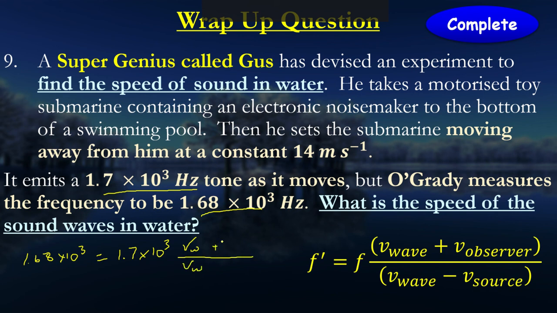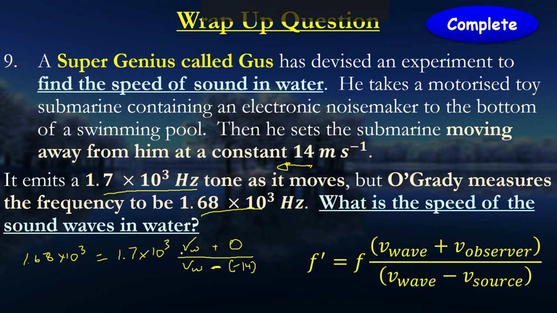We know that the observer, Gus, is not moving, since he sets the submarine moving away from him, so it's 0 there. The submarine is moving away from him at a constant velocity of 14, so this source is moving away from our observer rather than towards our observer. So we can do it as minus 14.